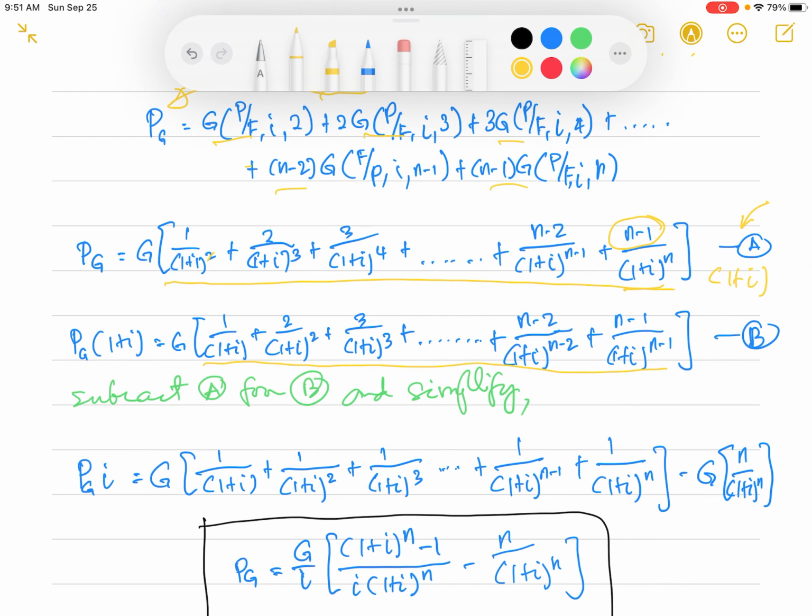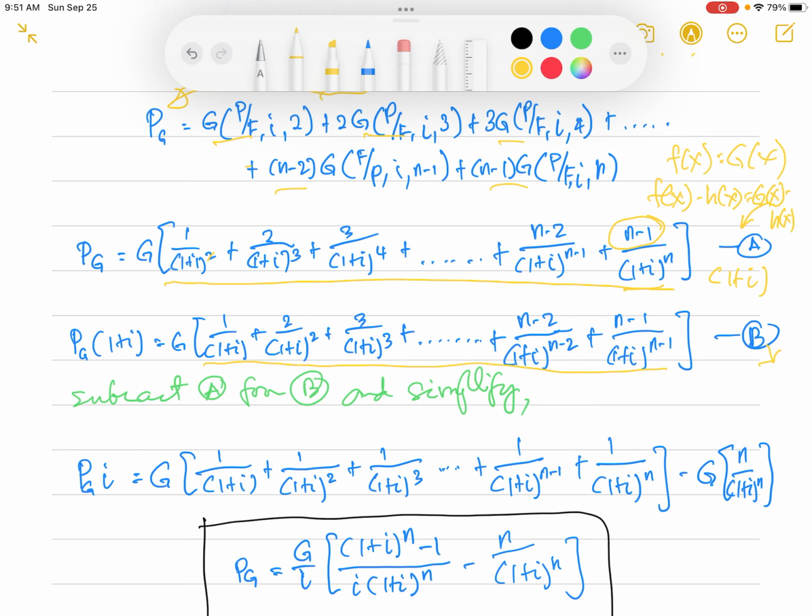And we can further simplify equation B by subtracting A from B. Remember that in basic algebra, if you have f of x equals g of x, and you subtract another function, say h of x, on both sides, it is still the same equation, right?